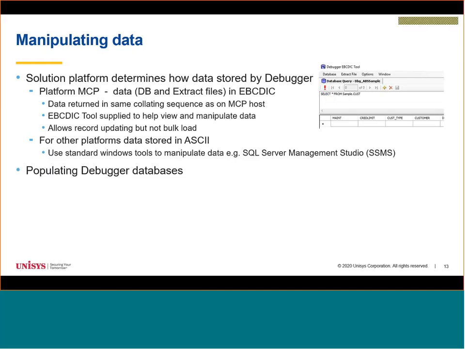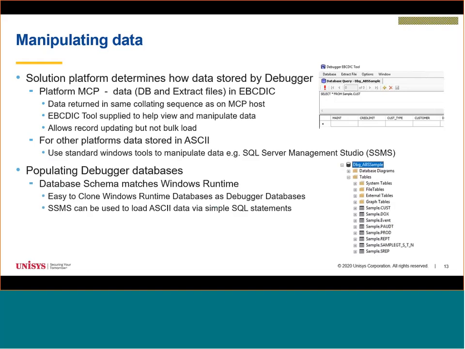If you want to populate your database with data, the first thing to be aware of is that it doesn't really matter which platform you're using. Regardless of your platform, the structure of the database schema matches the Windows runtime environment. So if you have a Windows runtime environment, it's very easy to just clone and use that data for debugging purposes.